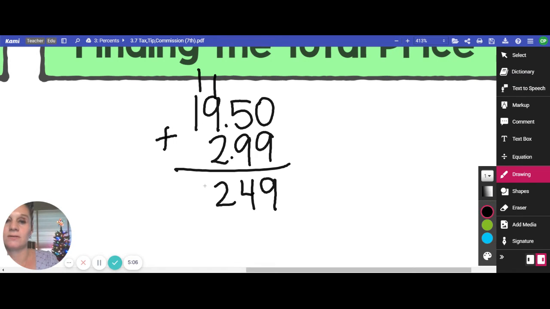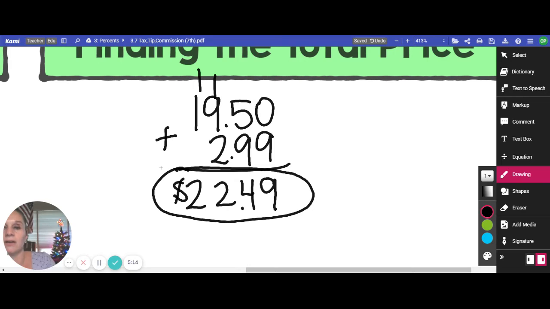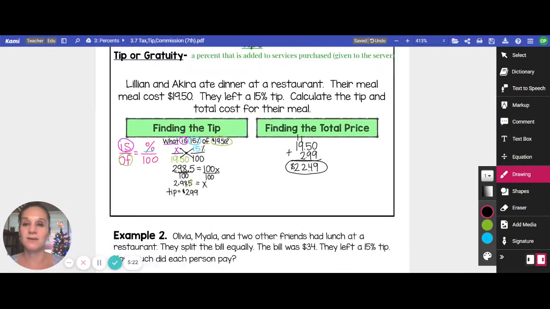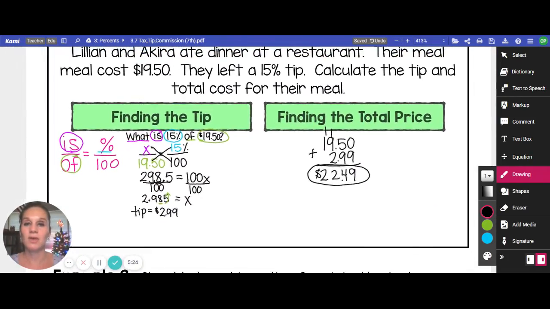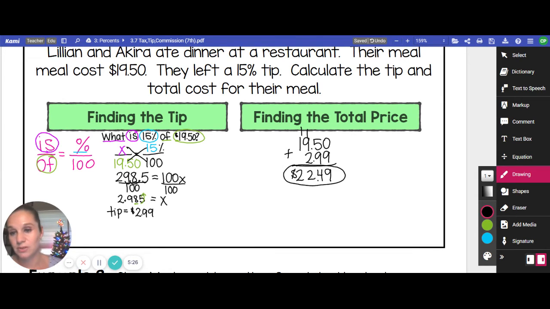That makes $22.49. So altogether, Akira and Lillian are going to have to pay $22.49, and they'll probably have to divide that amongst the two of them, which would bring it down to around $11. But the question is not asking us to find that. It just says calculate the tip and the total cost for their meal. So the tip ended up being $2.99, and their total price for their meal ended up being $22.49.